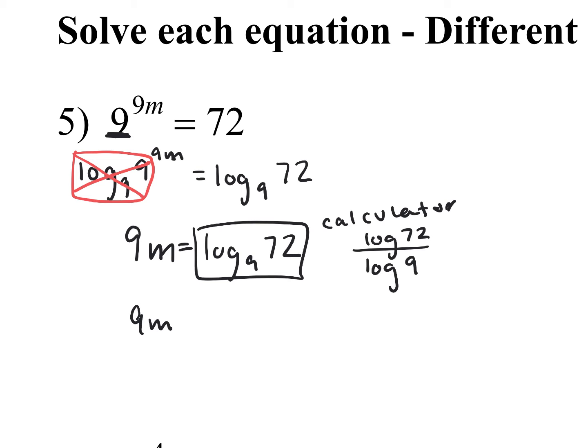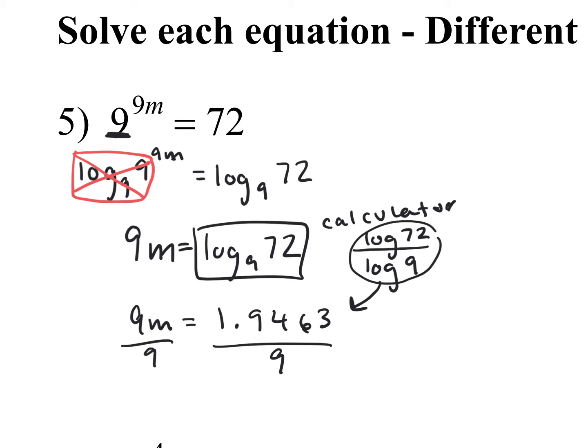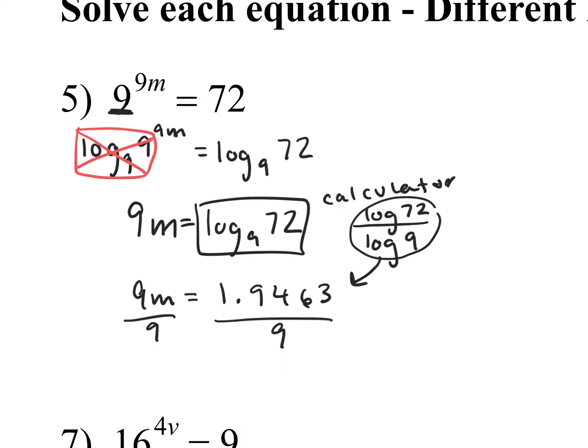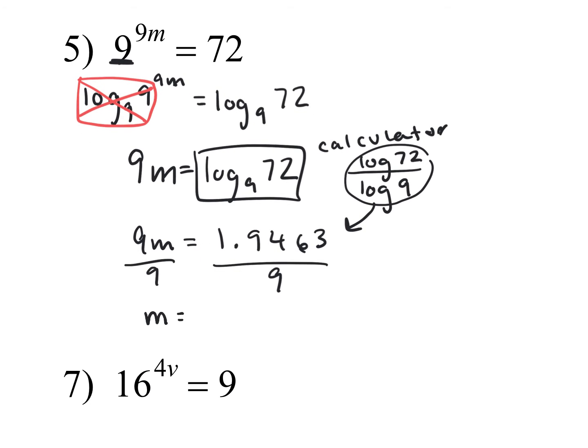That gives us 9m is equal to 1.9463. What should we do next? Divide. Perfect. We divide our decimal by 9. So divide both sides by 9. So we get m is equal to 0.216.